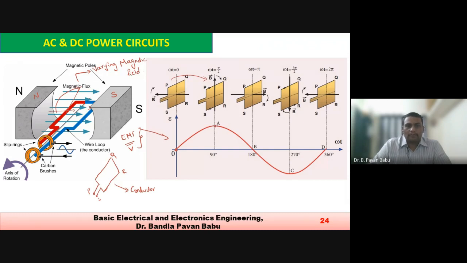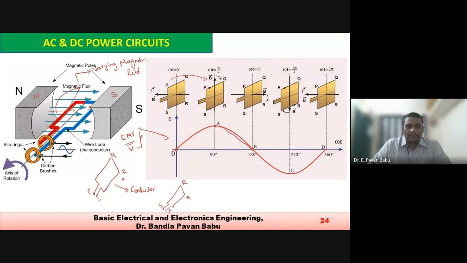Again it falls to this position, so it will be 180 degrees. At 180 degrees the induced voltage reduces, and it comes to 0. In the opposite direction the position becomes like this: P, Q, R, S. This will be the direction.